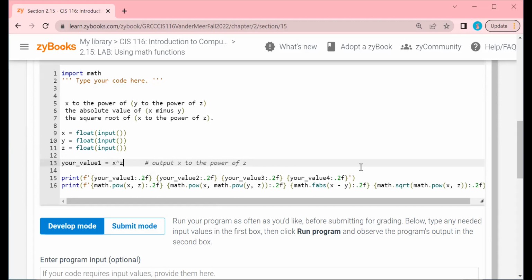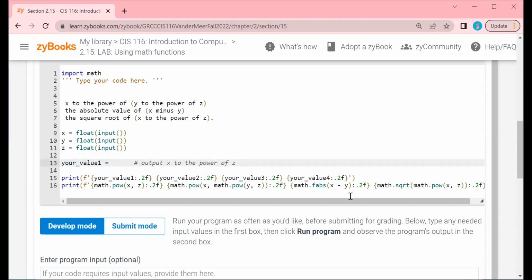That's how you would write it if you were writing math. But that doesn't work. The caret, x raised to the power of z, doesn't work in any programming language. You can't do that. So we have to use these math header file functions that are already built for us.